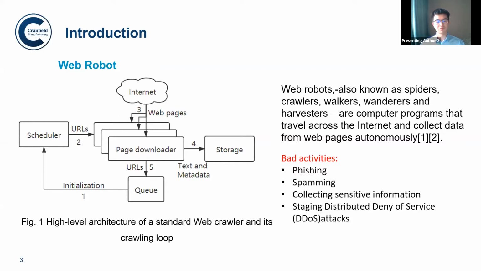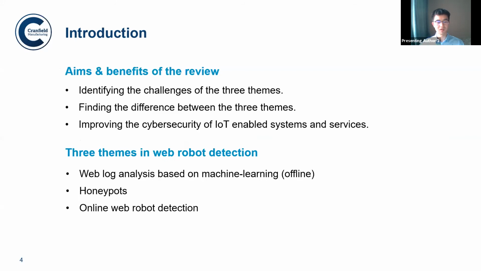Okay, we've looked at what web robots are and what they can do. Now I'd like to present the aims and the benefits of the review. First, we hope to identify the challenges and the research gaps of the three themes. Second, we will conclude the difference between the three themes. And last, we hope our work can be helpful for the security of IoT-enabled systems and services.